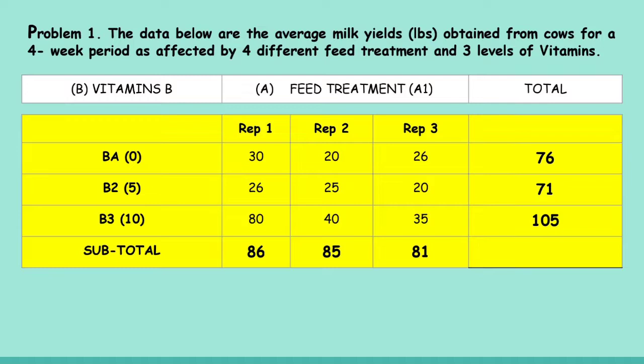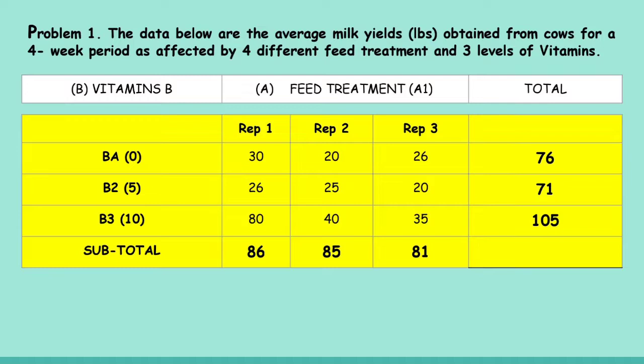Okay, so how are we going to get the total? Simply add the numbers inside the treatment. So for example, the feed treatment A1, we have here the B1. Inside that are 30, 20, and 26, which are inside each replication: replication 1, replication 2, and replication 3.